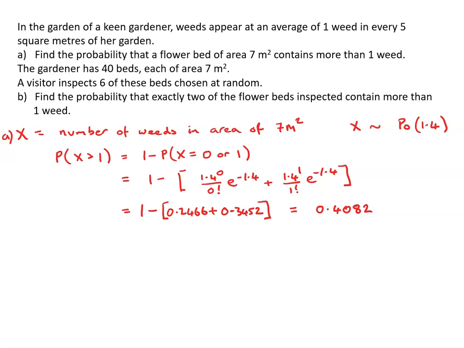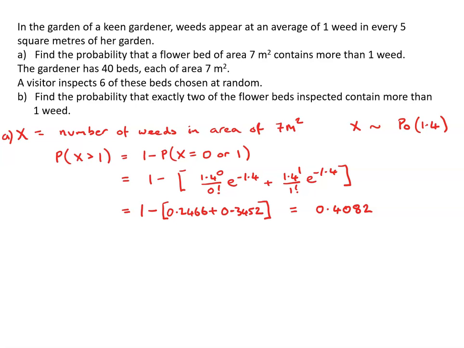Now for part B, we've got a visitor who comes and inspects 6 of these beds chosen at random. Find the probability that exactly 2 of the flower beds inspected contain more than 1 weed. Well, we know that the probability that a bed contains more than one weed is 0.4082.